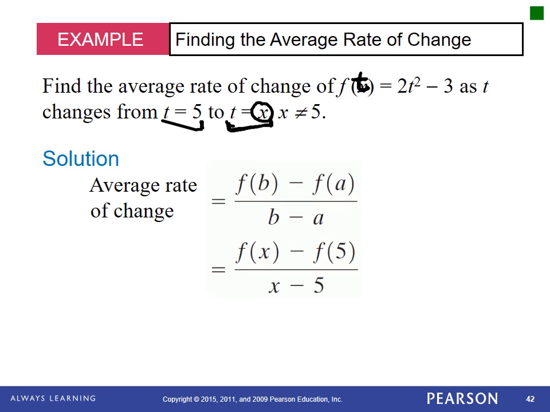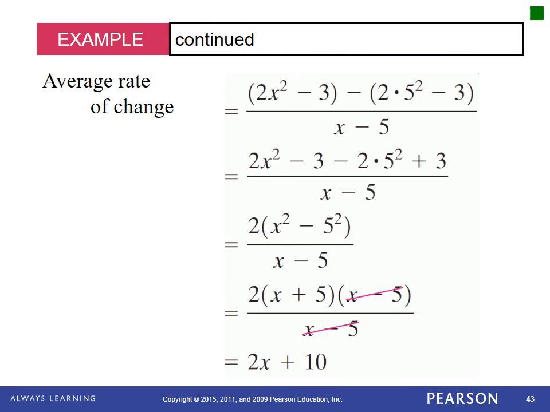So by example here, here's my function. Here's my b value, subtract my a value. Again, here's my f of b, subtract f of a. And if we do that, notice the x comes in as the variable for the end result over here, and the a value comes in as 5.